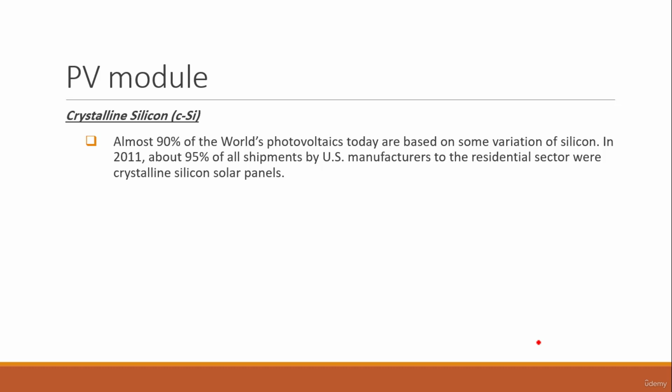Almost 90% of the PV in the world today is based on crystalline silicon. And in 2011, about 95% of shipments by US manufacturers to residential sectors were crystalline silicon solar panels.